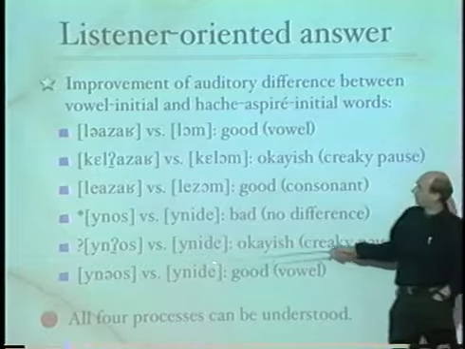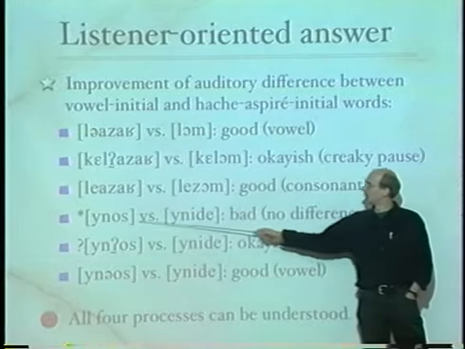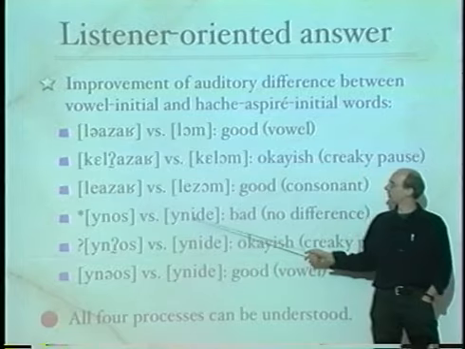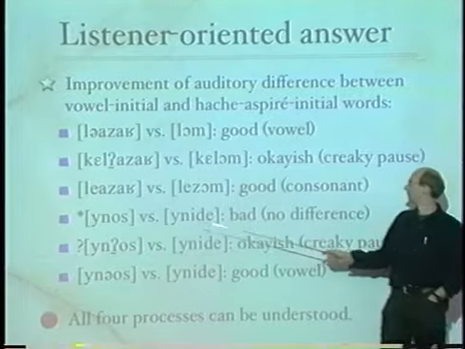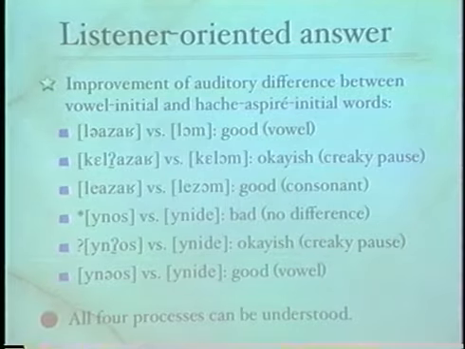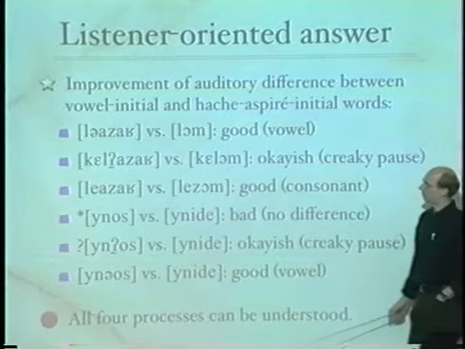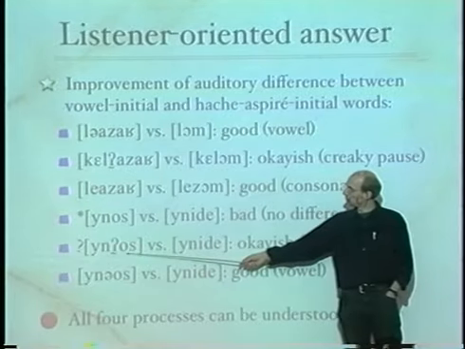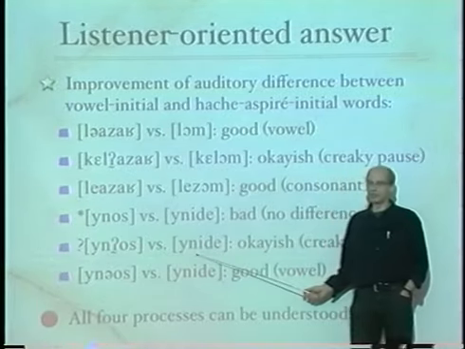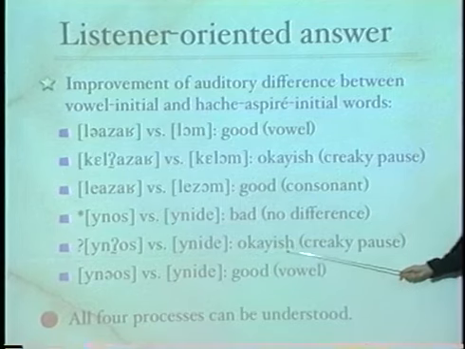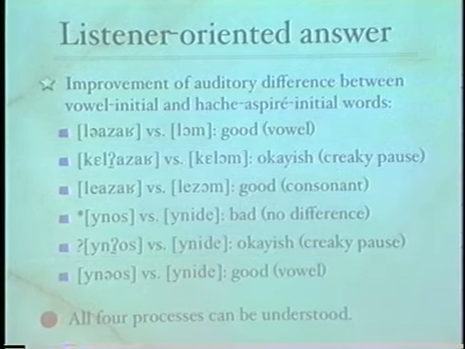Now, the 4th case, okay, you couldn't say une hausse, because that would fall together with une idée. That would be a very bad contrast, because there's no difference at all. But the thing predicted by the speaker-based account, une hausse versus une idée, that would give the same okay-ish contrast, the creaky pause.